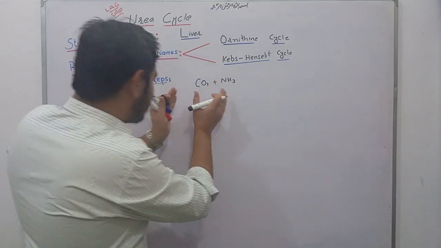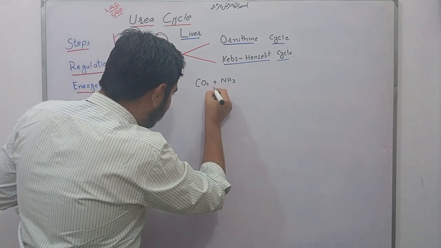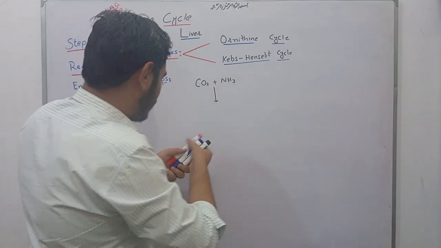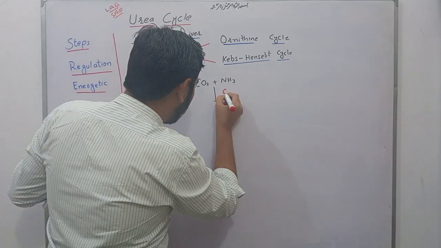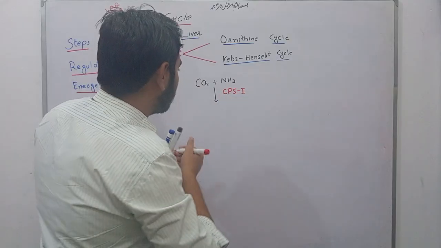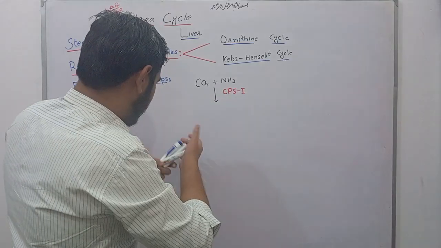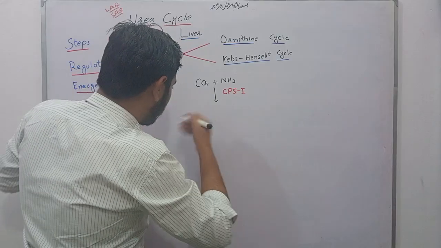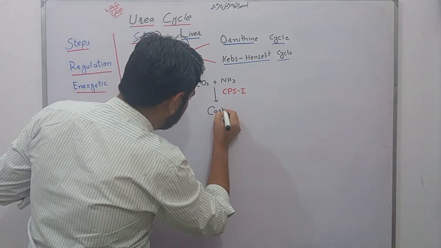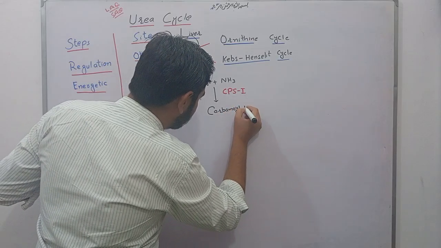They get condensed with each other, and with the help of carbamyl phosphate synthase 1, it forms carbamyl phosphate.